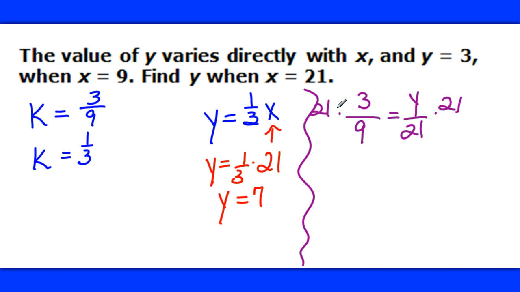And that is going to give you 63 over 9 is equal to y. 7 is equal to y. You can solve these kinds of equations either way.